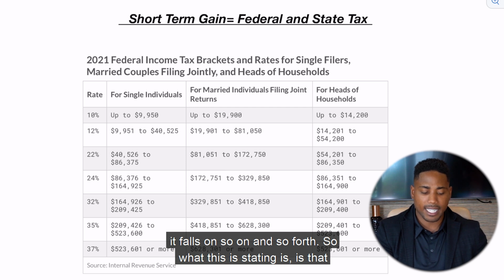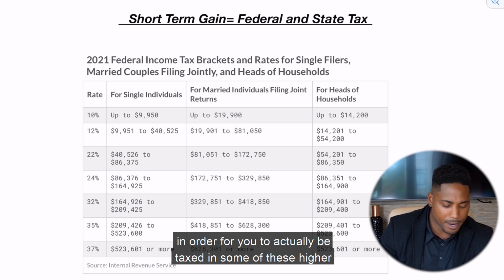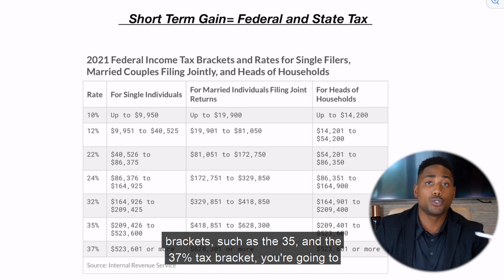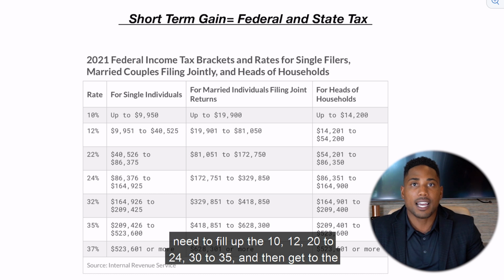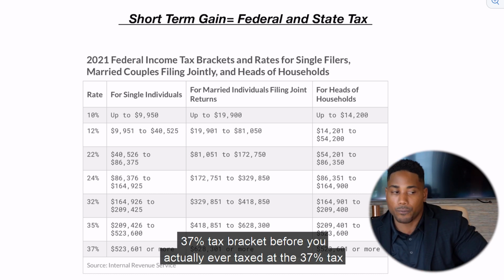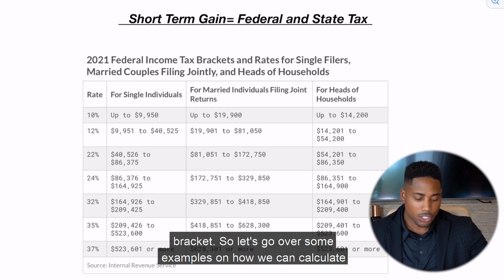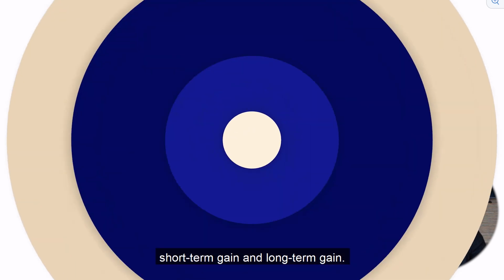So what this is stating is that in order for you to actually be taxed in some of these higher brackets, such as the 35 and the 37% tax bracket, you are going to need to fill up the 10, 12, 22, 24, 32, 35, and then get to the 37% tax bracket before you're actually ever taxed at the 37% tax bracket. So let's go over some examples on how we can calculate short-term gain and long-term gain.